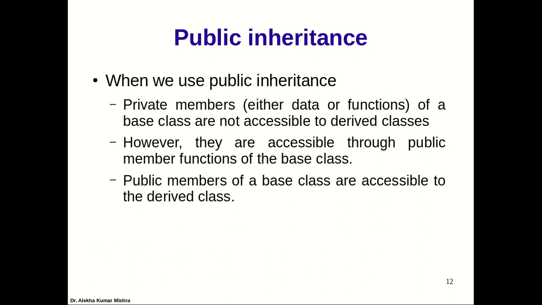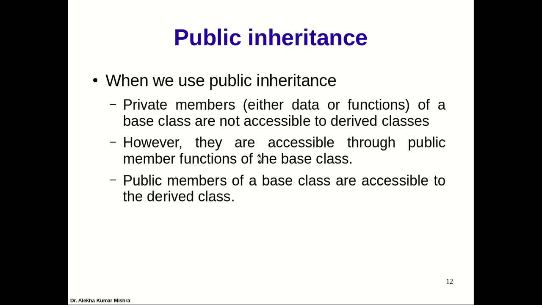First, public inheritance. When you use the term public as the access specifier, the private members of the base class, whether data members or member functions, are not accessible to the derived class. Private members are never accessible to derived classes.